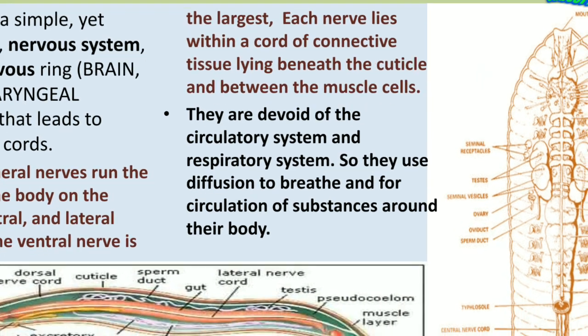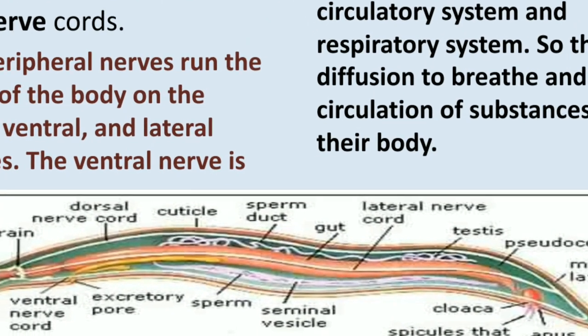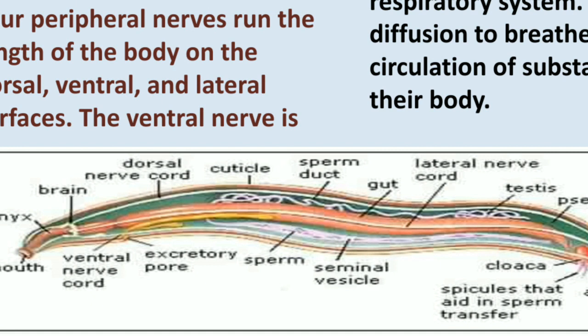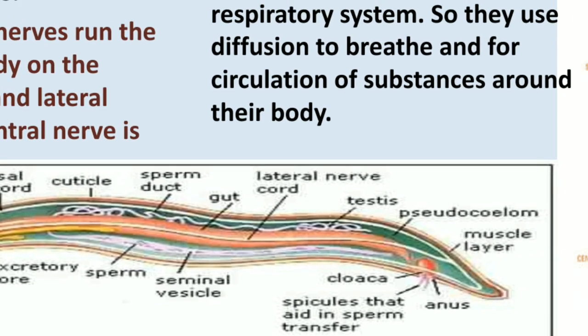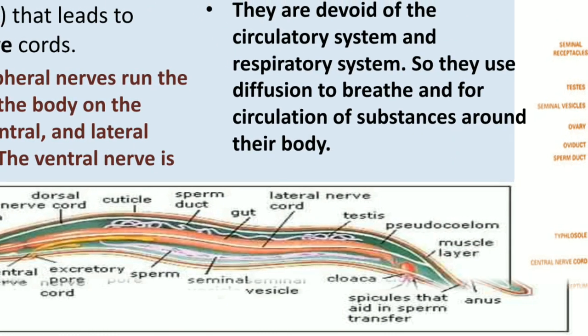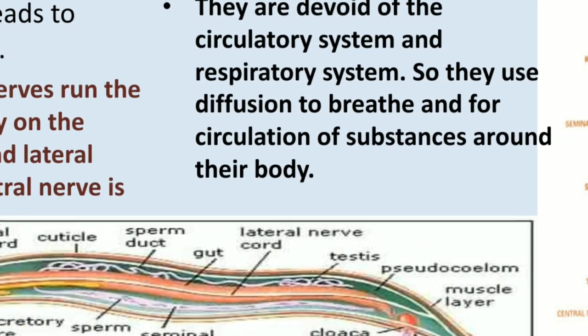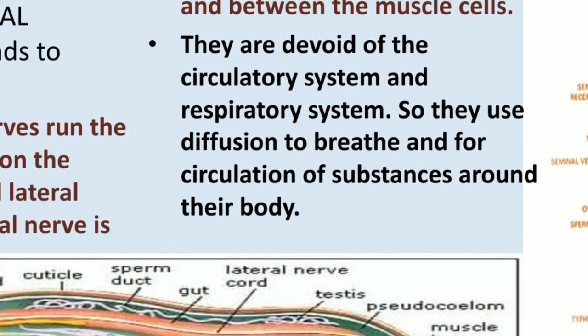So here you can understand what we have discussed earlier: just below the epidermis, where the muscle cells are present, these nerves are going to pass through, dorsally, ventrally, and laterally on both sides. These organisms, especially the nematodes, are devoid of a circulatory system and respiratory system.